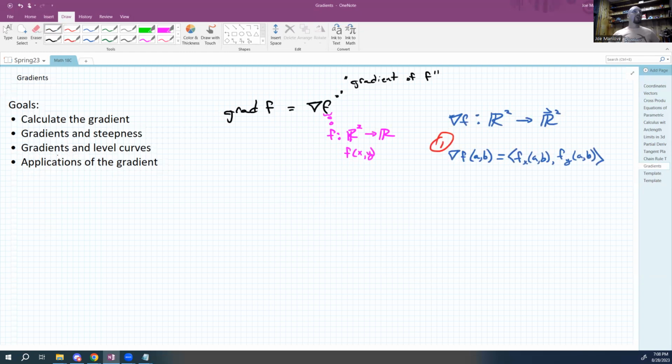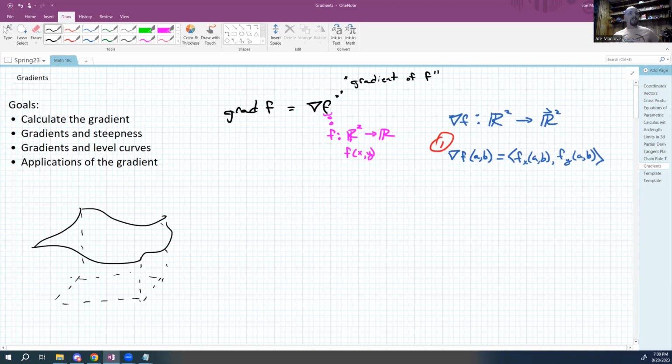So to draw my little picture, here's the surface. This is my classic surface. It's got 4 corners. It's up over top of some rectangle. So I've got a rectangle down here in the XY plane. I've got my surface that's kind of chilling above that.